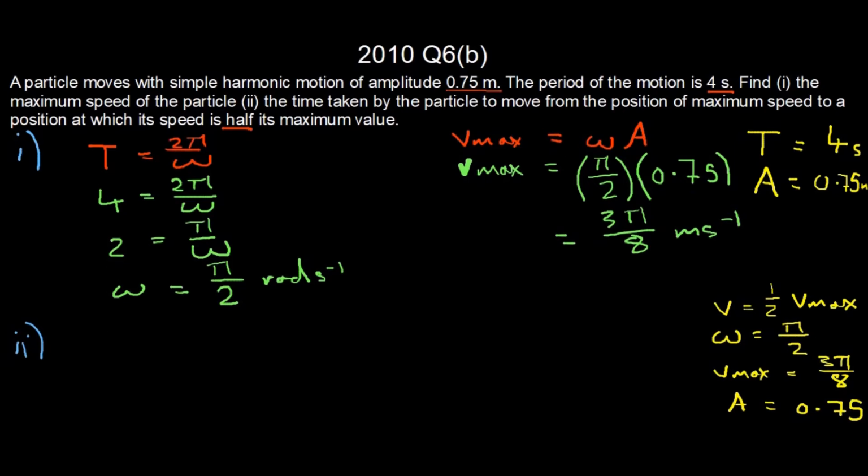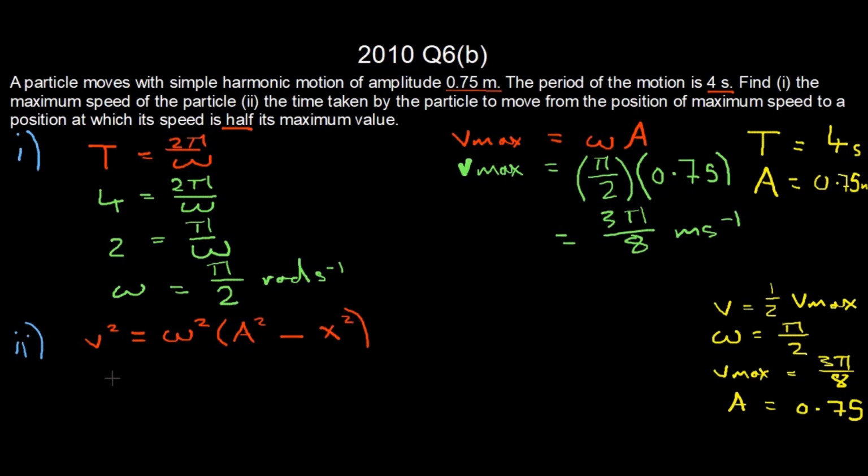So from here, I'm going to use the equation v squared is equal to omega squared times a squared minus x squared. This formula is in your tables, and the reason I'm using this one is because I can fill in all the variables except for one. I can't fill in x, so that means I'm looking for x.